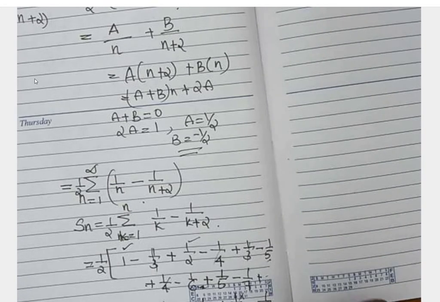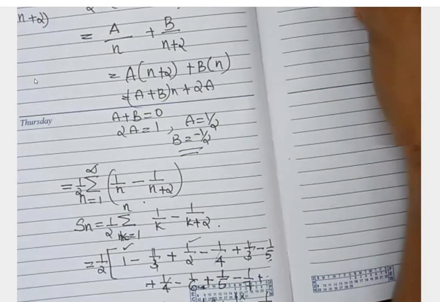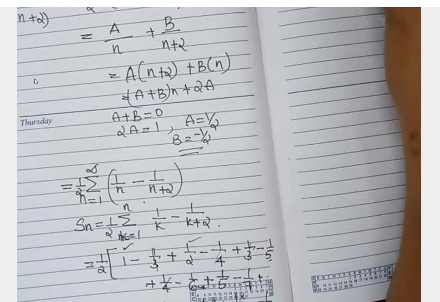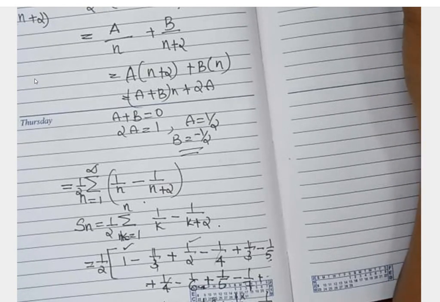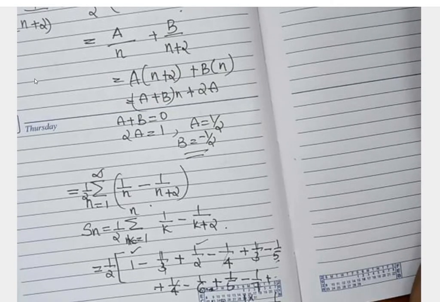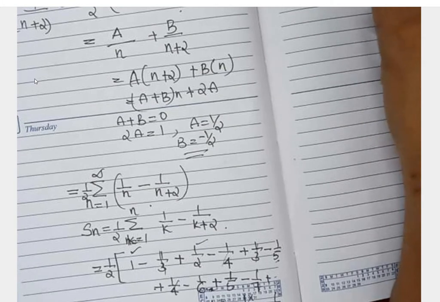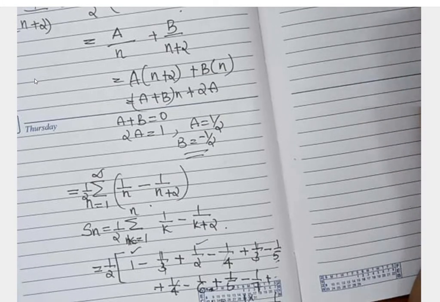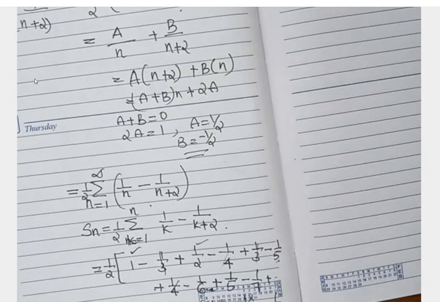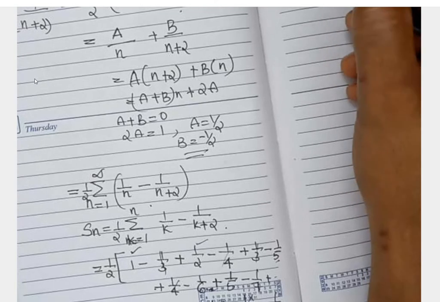The remaining is 1 plus 1 by 2 minus 1 by n plus 1 minus 1 by n plus 2. These are the terms. That is equal to 3 by 2 minus 1 by n plus 1 minus 1 by n plus 2. So this is Sn actually.